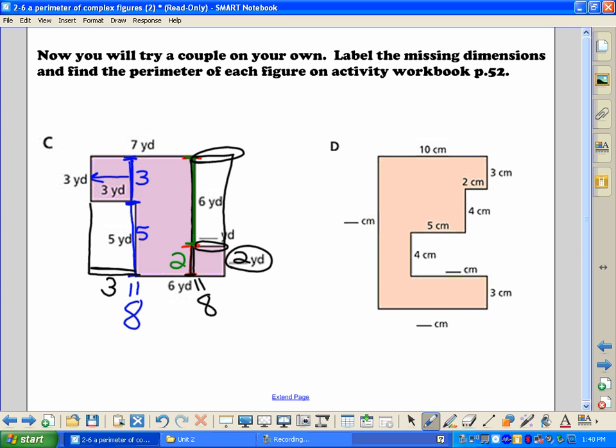Oh, I know what it is. You just gotta look at the bottom. It says 6, and then you put 3. Well, how much is from here to here? We got to figure out how much is from there to there. 4. Why? Because from here to here is 3. So from here to here is 4.